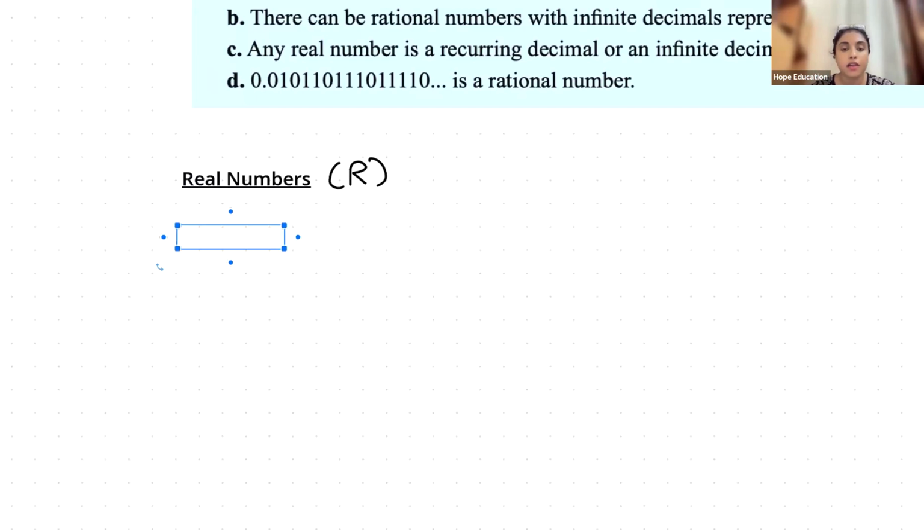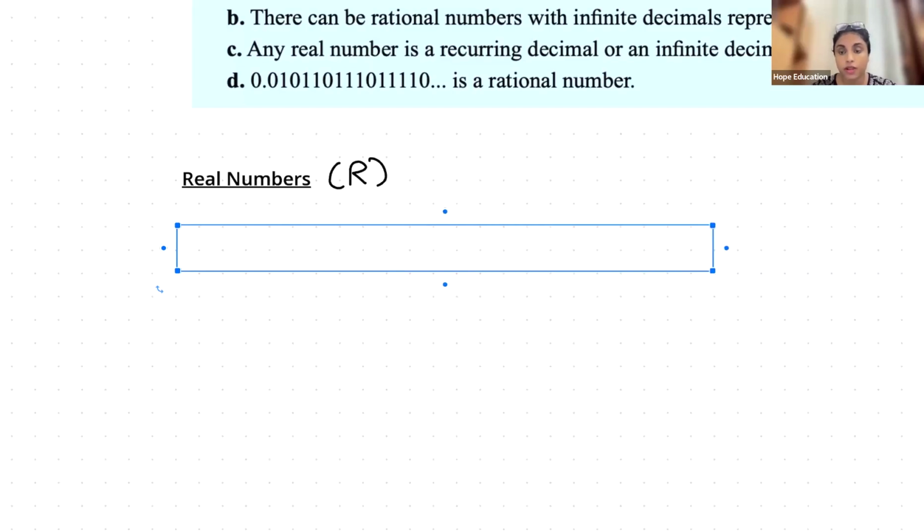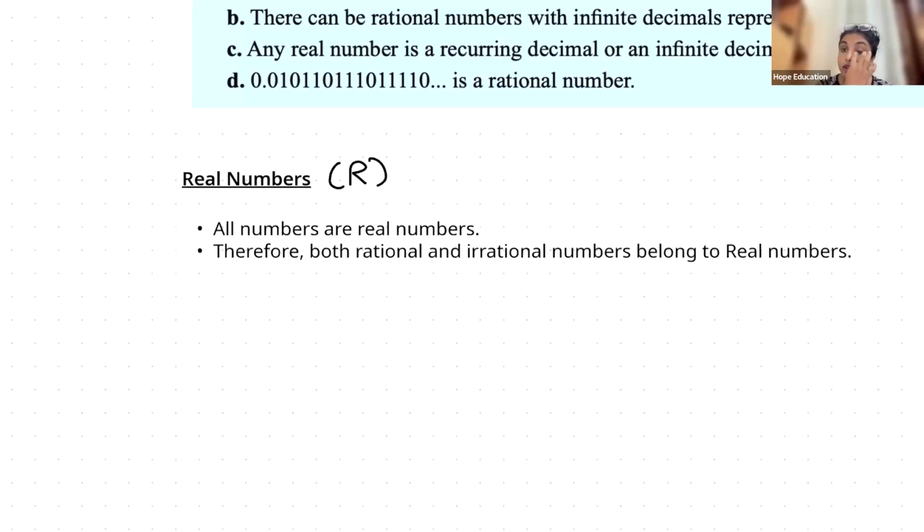All numbers are real numbers. Therefore, both rational and irrational numbers belong to real numbers. Quickly write these 2 points, and then I will show you something.